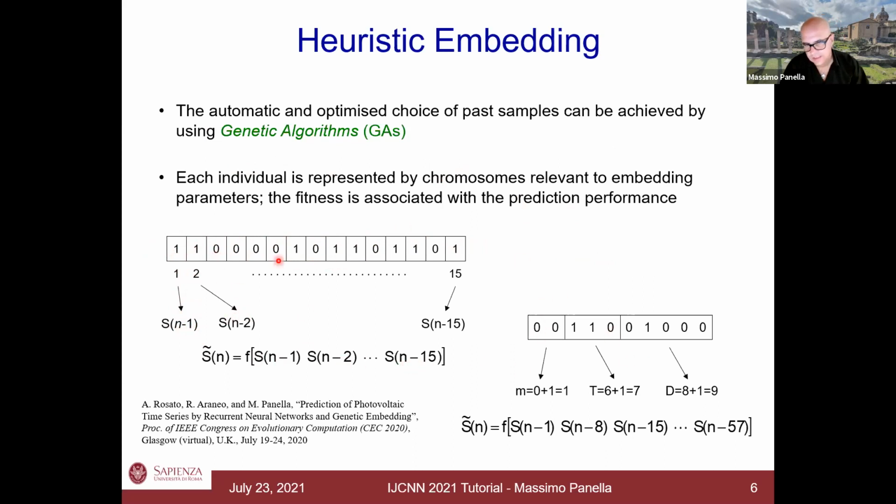So this is an example. There are two possible codes that can be adopted for genetic embedding in order to produce an embedding in a heuristic way. And this was typically used before deep learning with shallow neural networks.